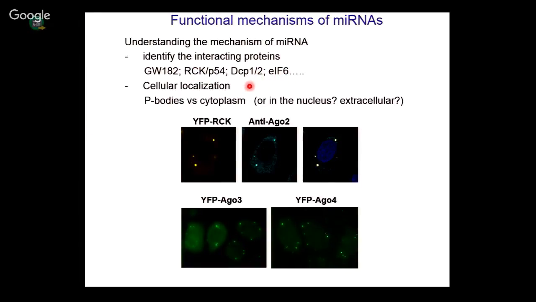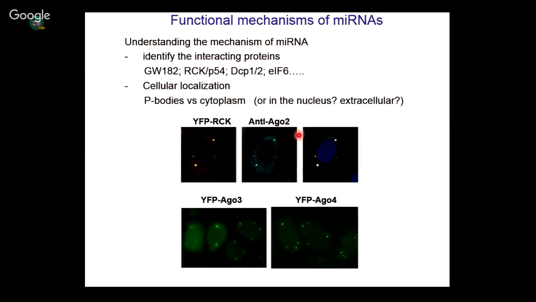The other way is to monitor where the microRNA and Argonaute protein, the RISC, localize. Interestingly, AGO2 localizes at specific foci in the cytoplasm.